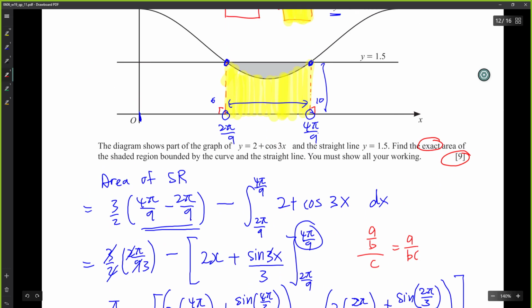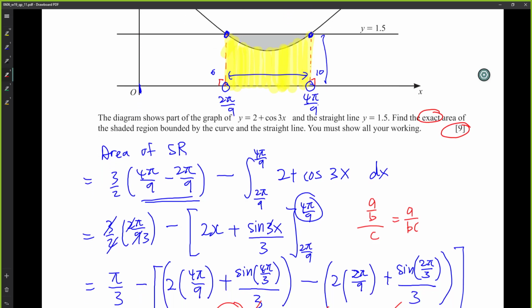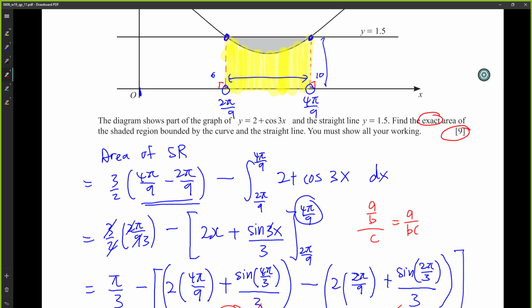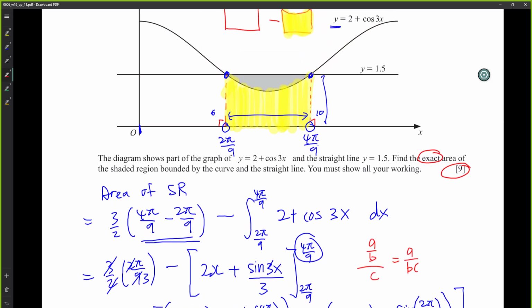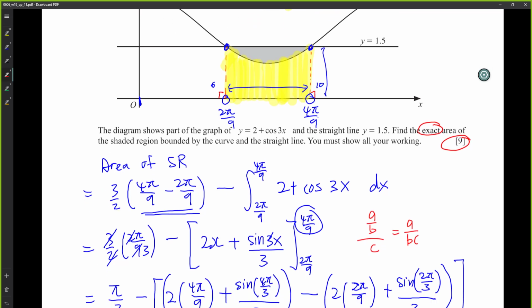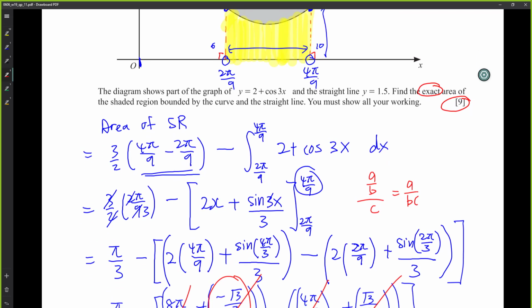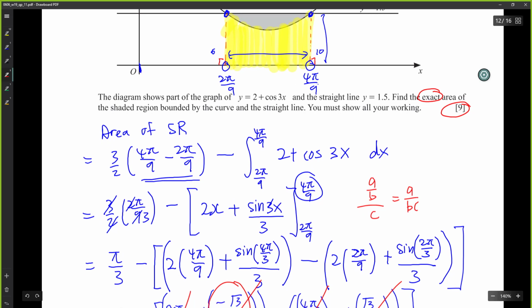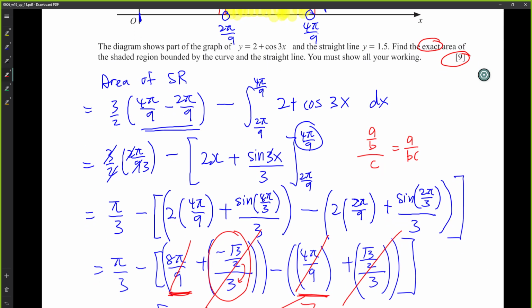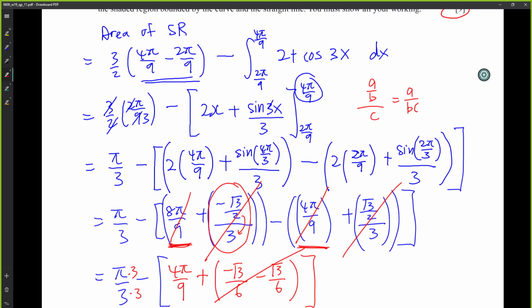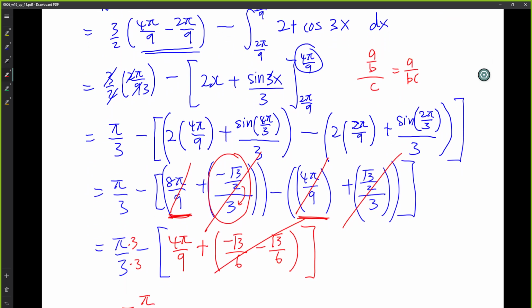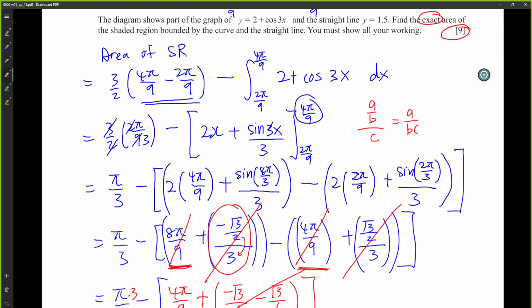1.5 multiply 2 pi over 9. Pi over 3. Yeah, I try to find where is the mistake here. 1.5 is 3 over 2, right? 4 pi minus 2 pi, I get 2 pi.